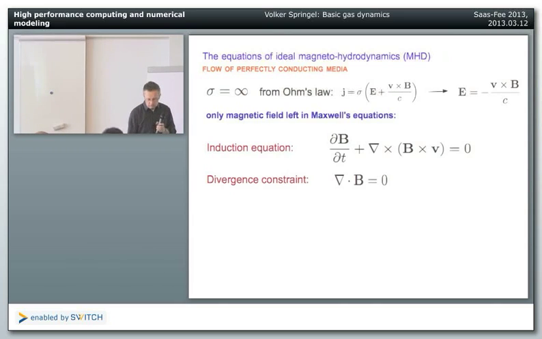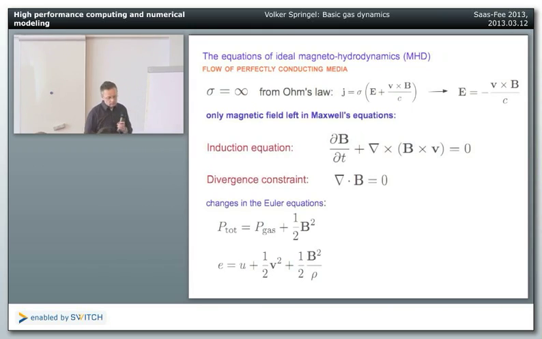Now, what else do we have to do for ideal magnetohydrodynamics? So we have to add this equation to our Euler equations. But the Euler equations are also slightly modified. We have changes there: we now need to take into account something like a magnetic pressure term. So the gas pressure is enlarged by a magnetic pressure term, and then we need to replace the pressure basically with this total pressure.